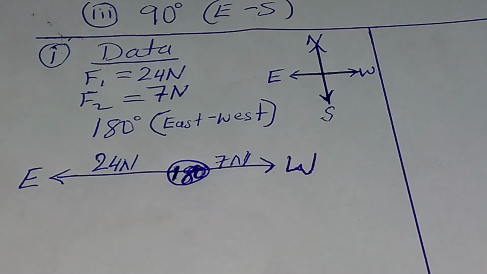The question says find the resultant and direction. To find the resultant, what we have to do is the higher number minus the smaller number, and the higher number will determine the direction.